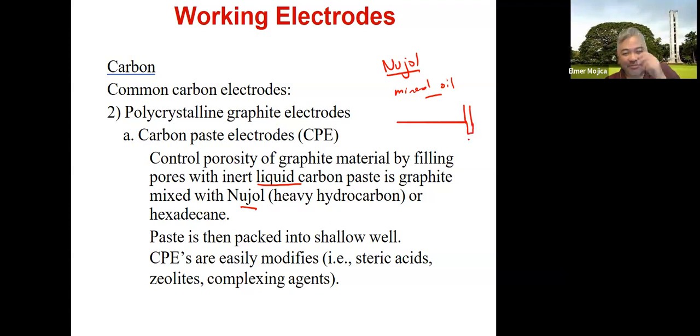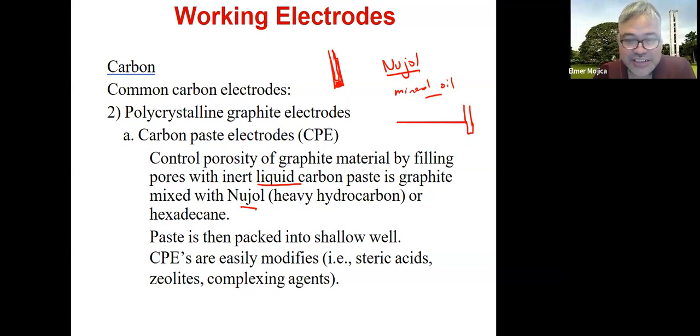You're familiar with the Tetra Pak straw? Is there still any Tetra Pak around? So we put the copper wire and then we leave a small space there. That is where we put the carbon paste that is mixed with nujol and the modifier that we use.